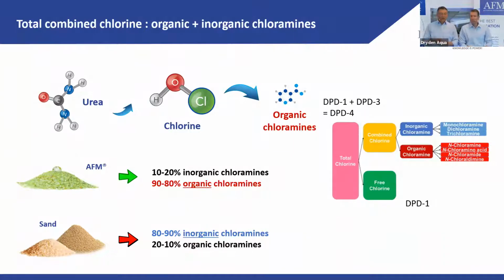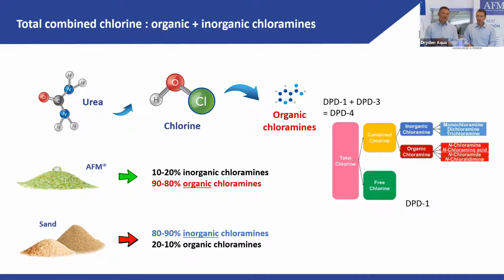This is of importance from a health point of view, but not from a legislation point of view. In legislation, they measure the total combined chlorine, and they do this with DPD1 and DPD3. They say total combined chlorine has to be below 0.2 in Switzerland and Germany. Italy, I think it's below 0.4. Same for France.